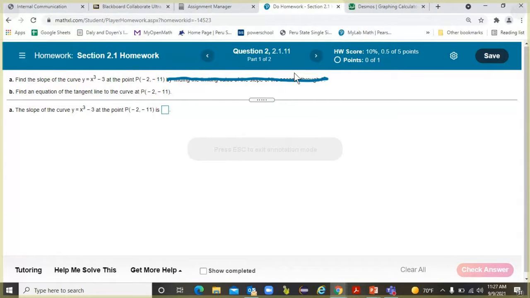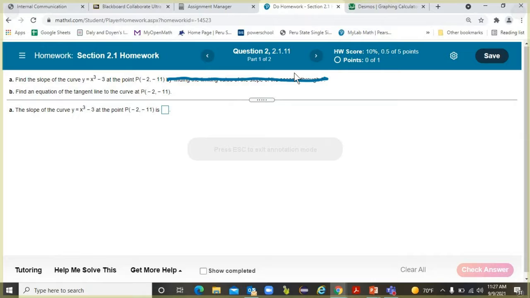So let's look at this one. We're still finding a slope, so change in y over change in x. But the thing is, we only have one point. So what we're doing is thinking of the second point as being h away from the first point.